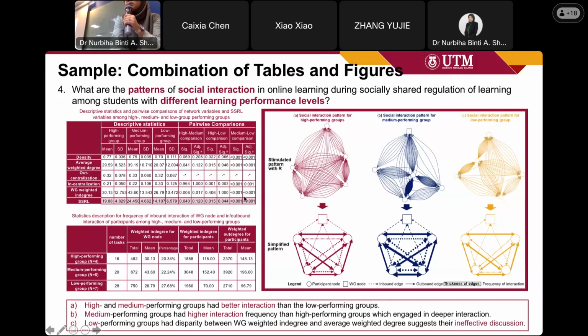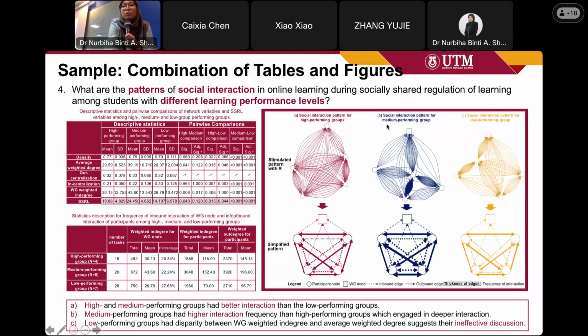So you can combine the same data and present it in both tables and figures, if it becomes meaningful. Because sometimes if you see a lot of values in the table, it will not make sense. So what does this value mean? In terms of the graph, it means that certain people are connected more frequently than other people, and there are people who have fewer lines with each other.